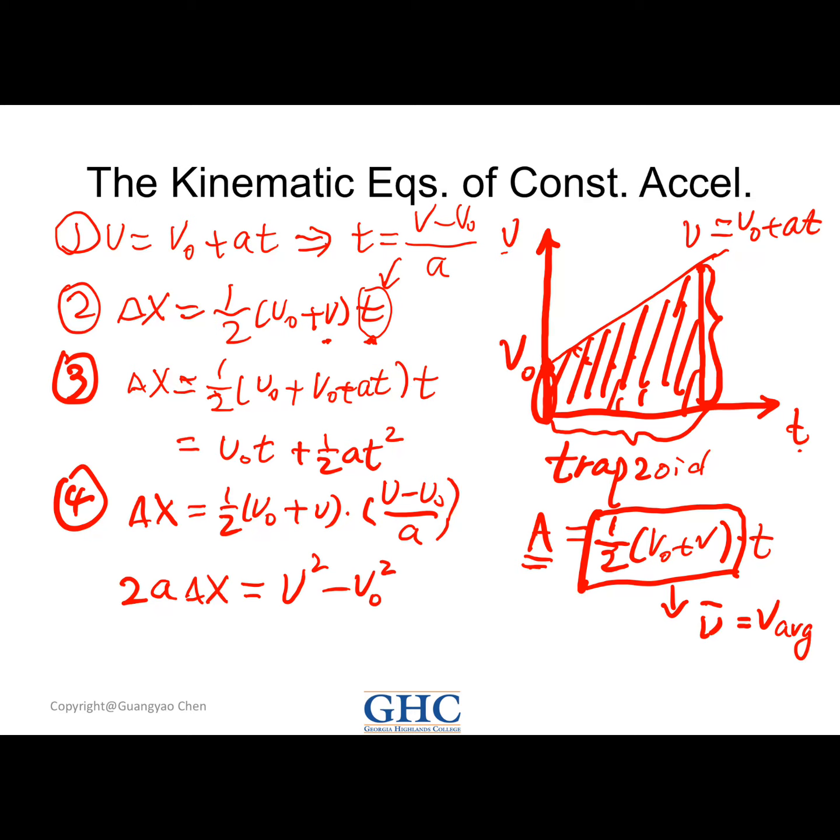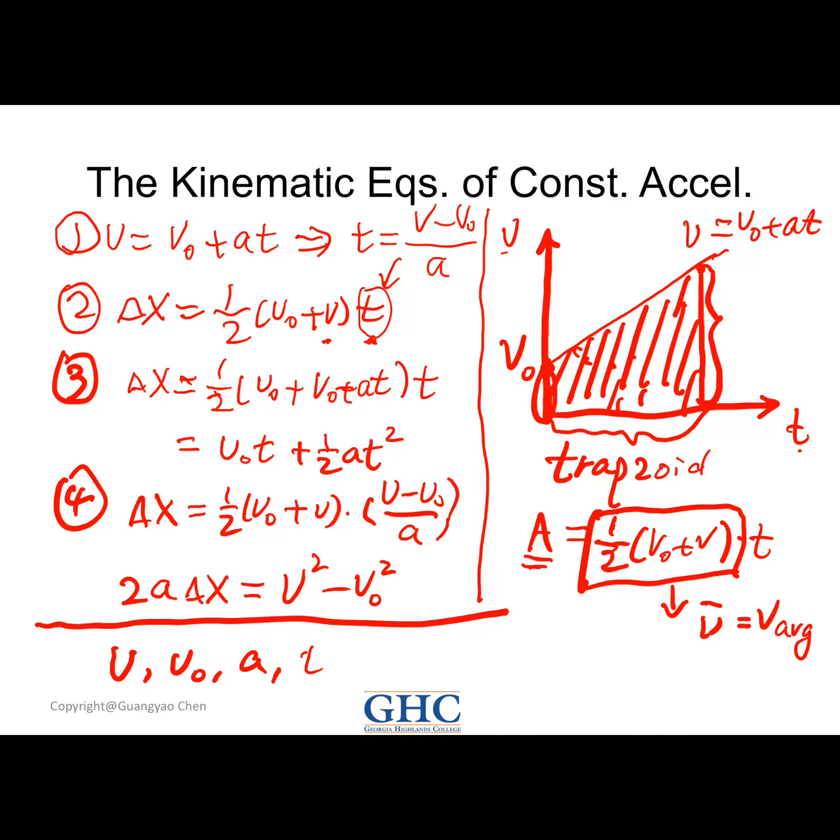Let's examine it. In total we have 5 variables in these 4 equations: final velocity, initial velocity, acceleration, t, and displacement.